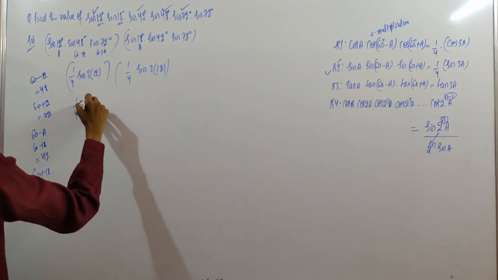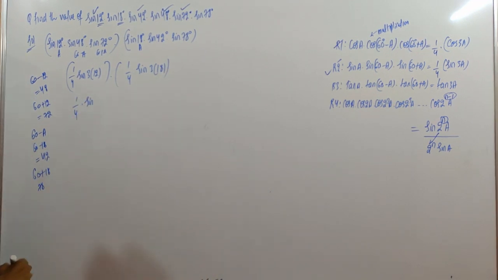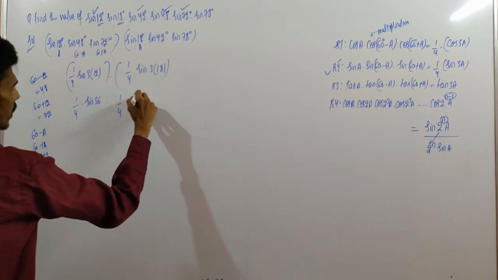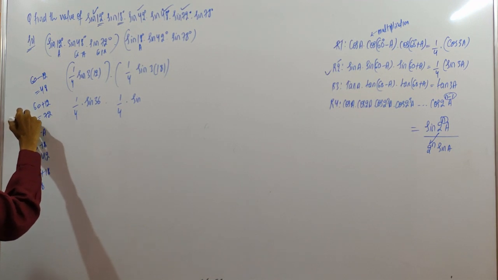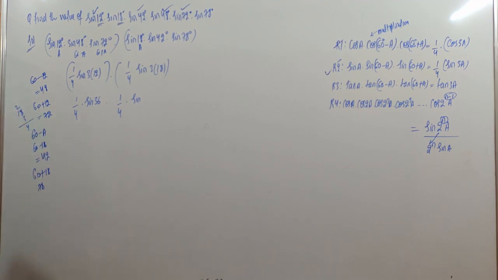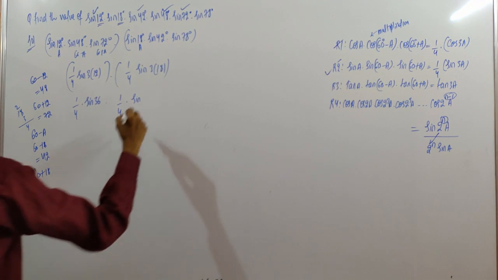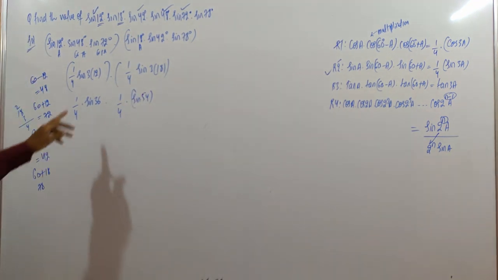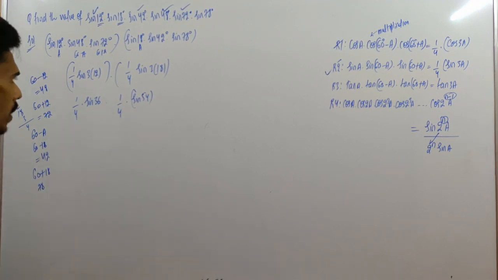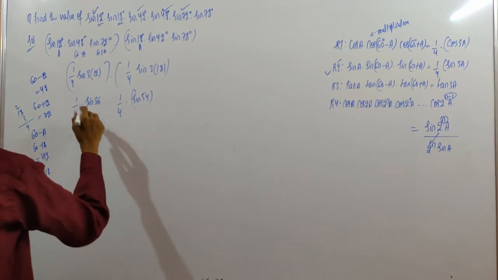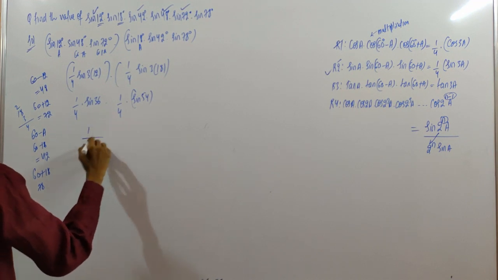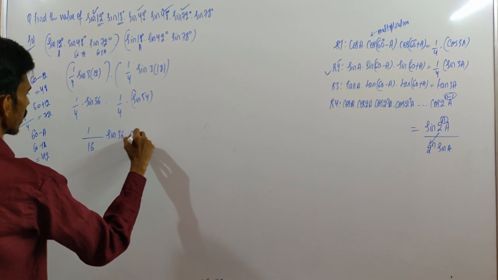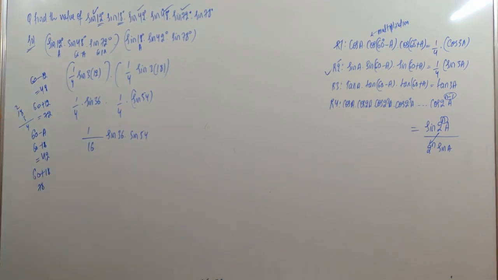This will become 1 by 4 sine 36 into 1 by 4 sine 54. 1 into 1 is 1, 4 into 4 is 16: sine 36 sine 54.